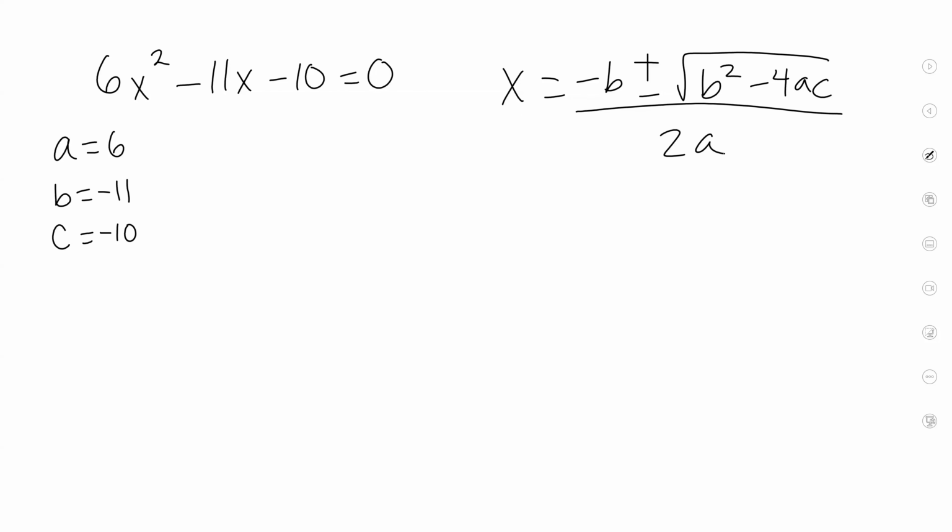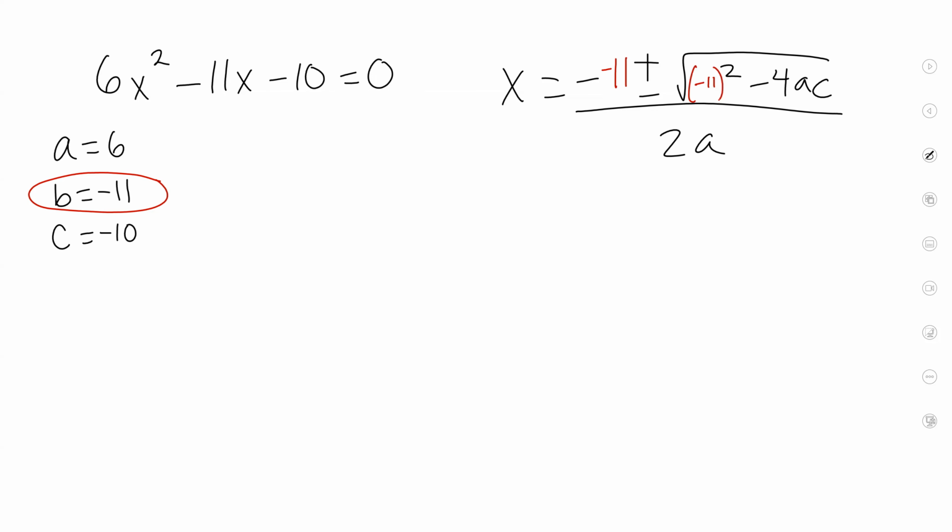Okay, so now we just plug in our numbers. So wherever I see a b, I'm going to erase that b and put in my b value. So my b value is negative 11. So I'm going to put a negative 11 here and a negative 11 here.